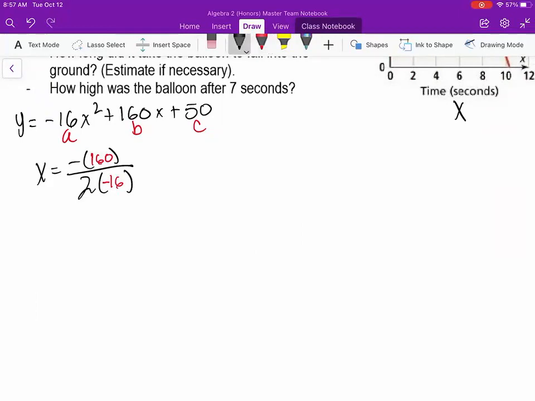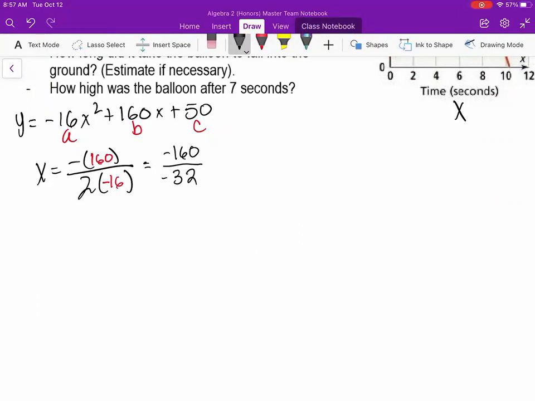So let's go ahead and calculate that. The top is going to be negative 160, and the bottom is going to be negative 32, since 2 times negative 16 equals negative 32. Now I'm going to see if those simplify, and they do.